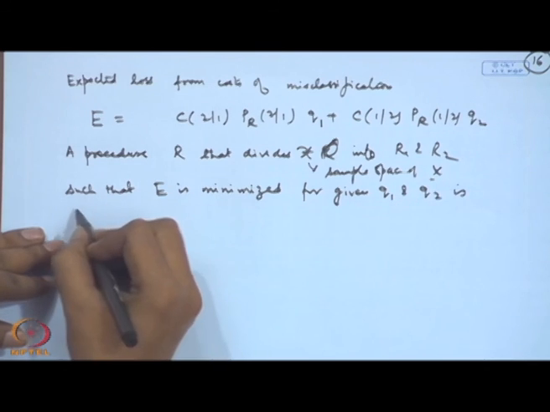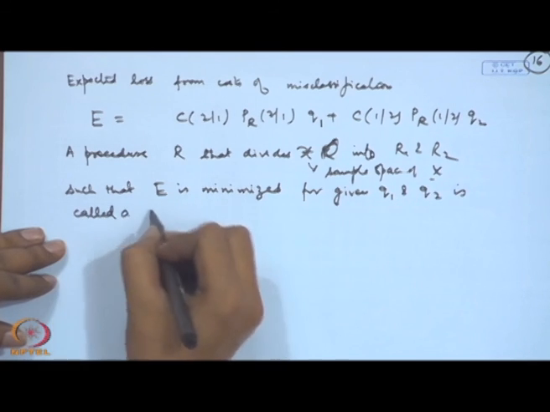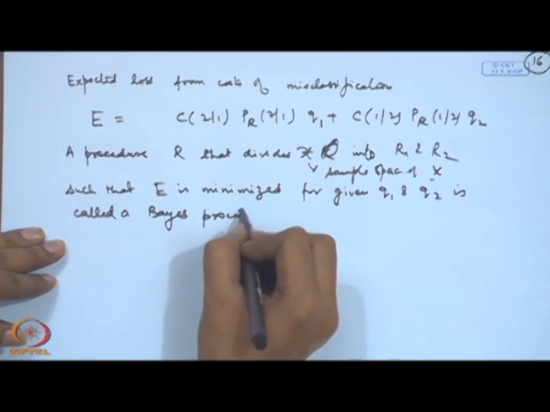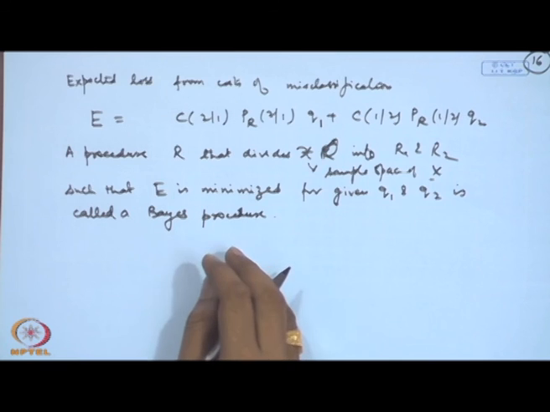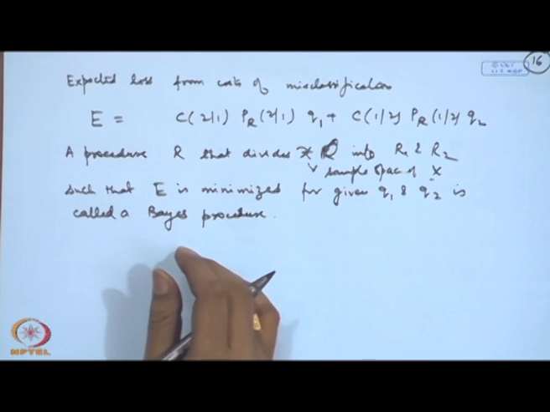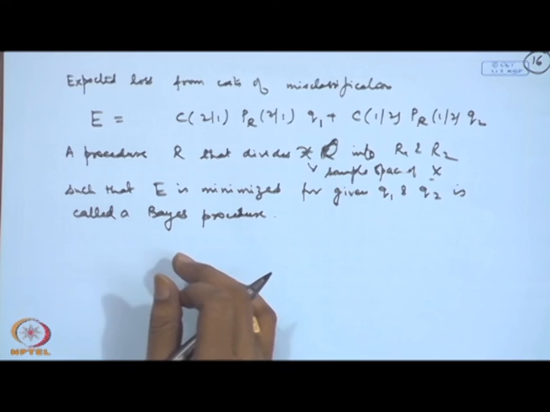This is called a Bayes procedure. So, we will mention how to obtain a Bayes procedure here.